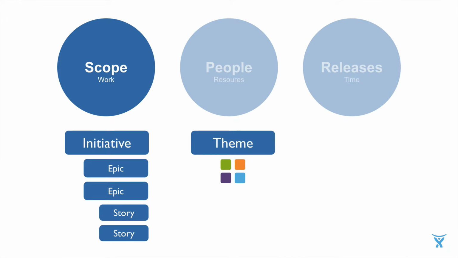Portfolio also introduces a concept of themes. Themes are typically used to represent business goals or strategic focus areas over the next quarter or the next half year or year, depending on how long your roadmap is looking into the future. Think of themes rather as something where you're defining for your epics, stories or initiatives to which themes, to which business goals, they actually contribute.